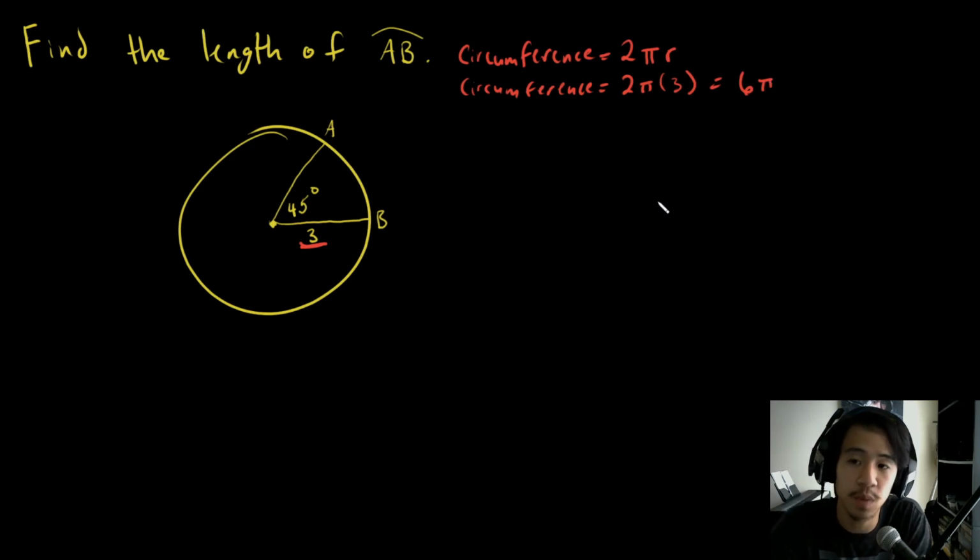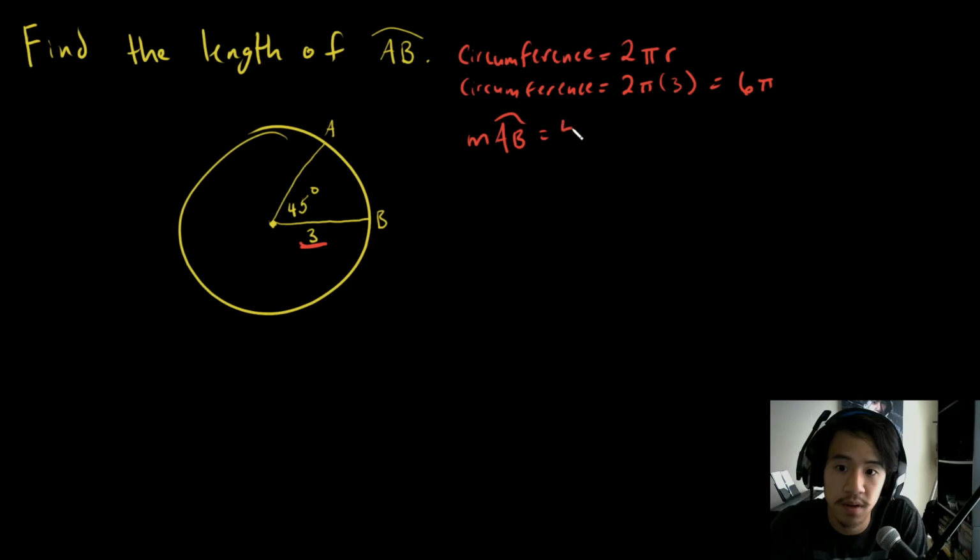All right, and now we can do what we did in the last example. We're given the circumference, and we can find arc AB. It's the same as the central angle. So measure of arc AB is 45 degrees. Now we can find our arc length. Remember, it's circumference times the measure of the arc over 360.